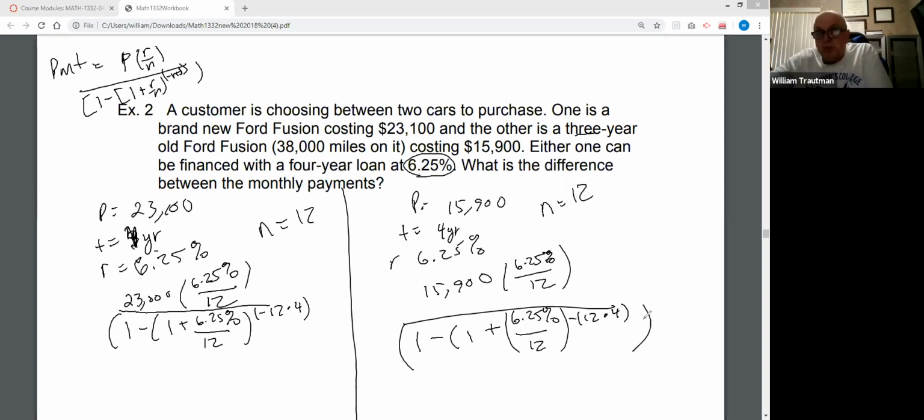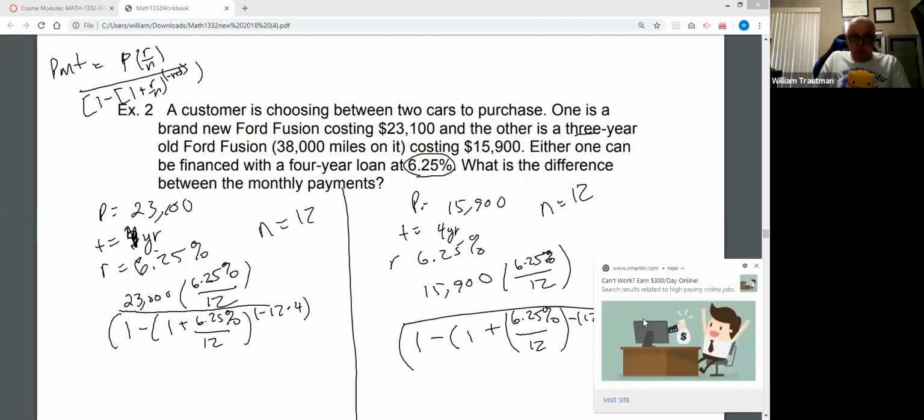All right, so let's put that in our calculator. Fraction 23, parentheses, fraction 6.25%, 12, close parentheses.